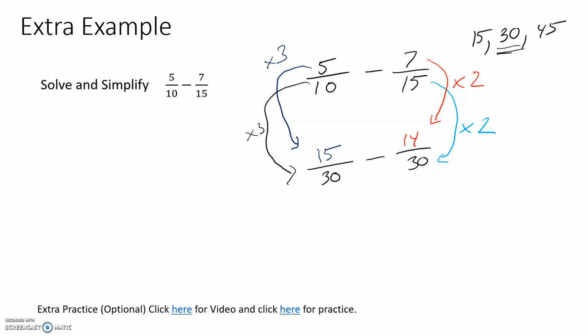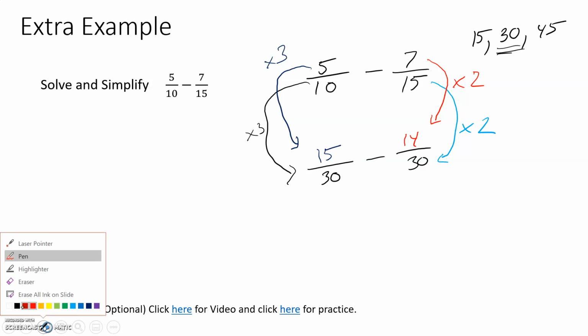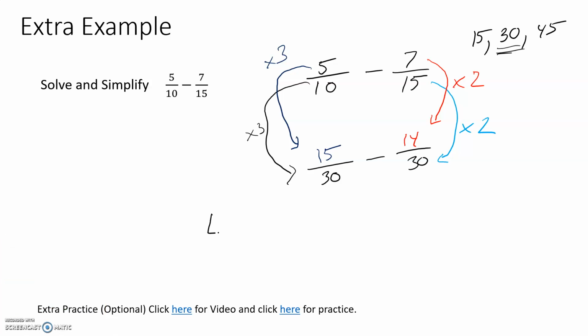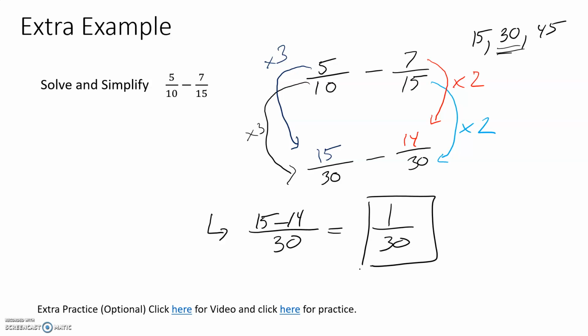Now I can go ahead and solve it. So I have 15 minus 14 over 30, and that gets me 1/30. And once again, I don't have to simplify because 1/30 is already in simplest form.